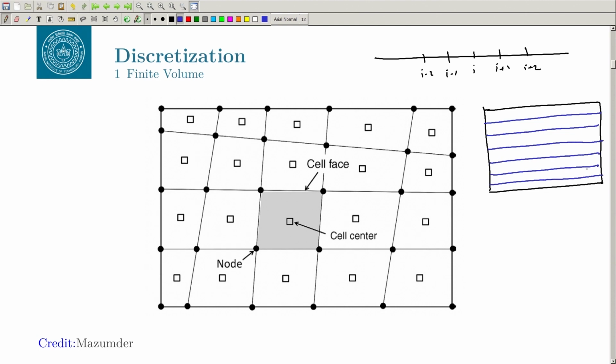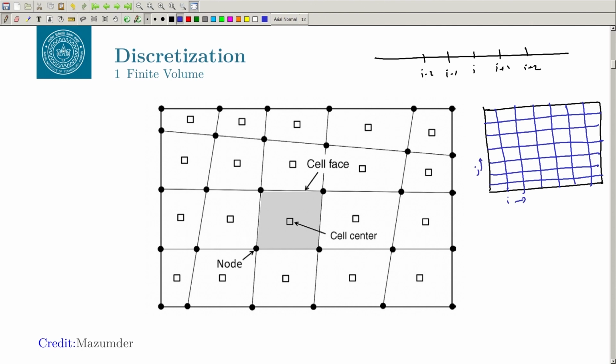It is only the dimensionality which changes. Okay. So, now instead of only I, you have I and j, but still it is structured. Okay. And you have information about all the things, right. So, let us say this is I and this is j, right.